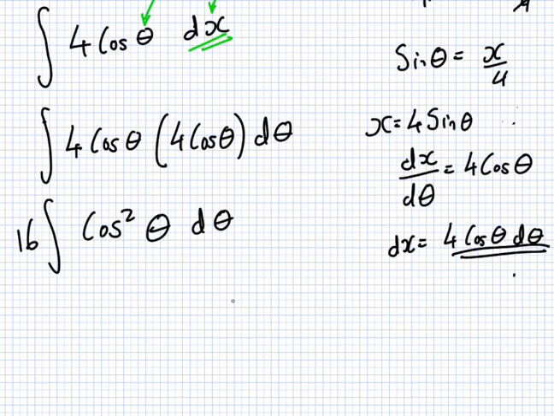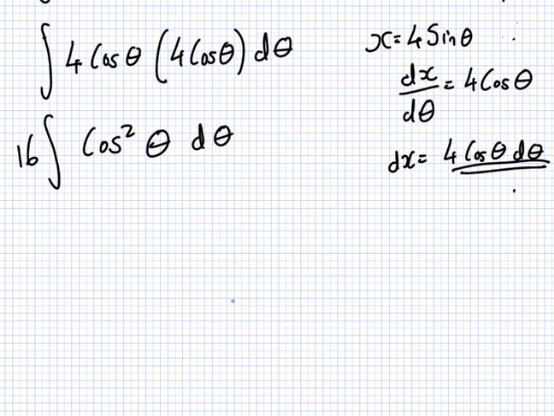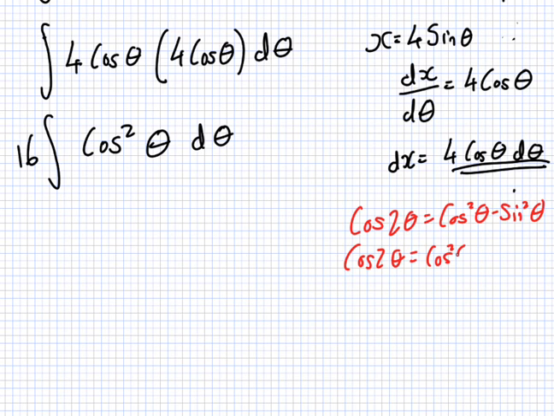There's a quicker way to do this if we use double angles. cos 2 theta is cos squared theta minus sine squared theta, and sine squared is 1 minus cos squared theta, so cos 2 theta is 2 cos squared theta minus 1.